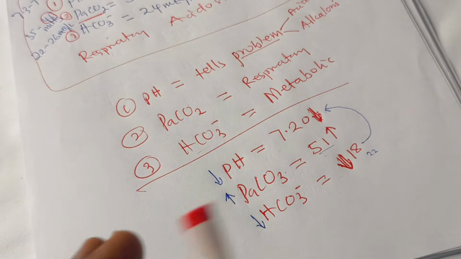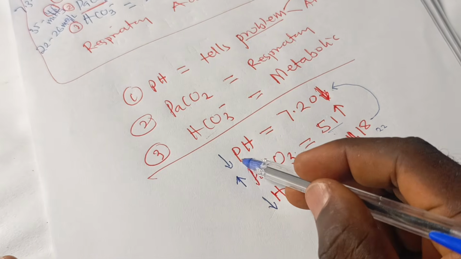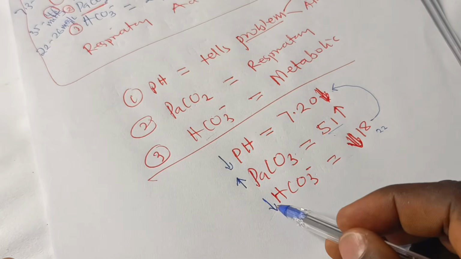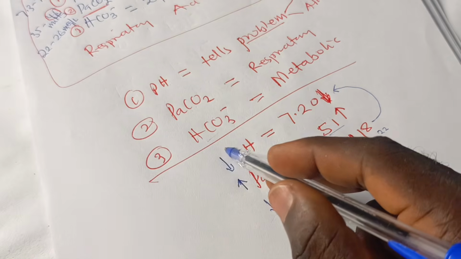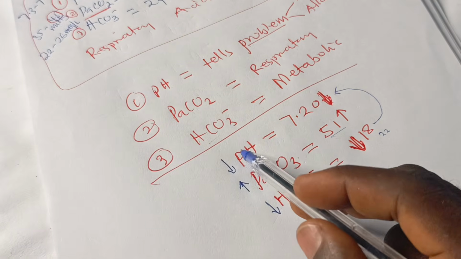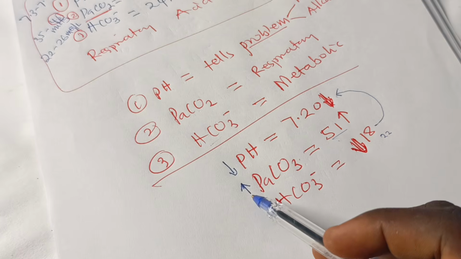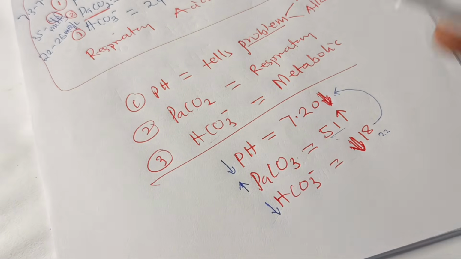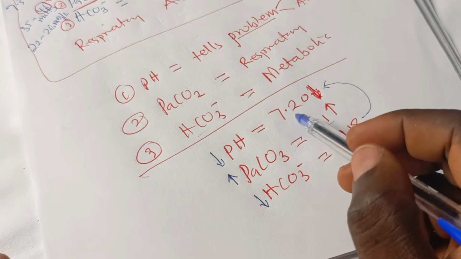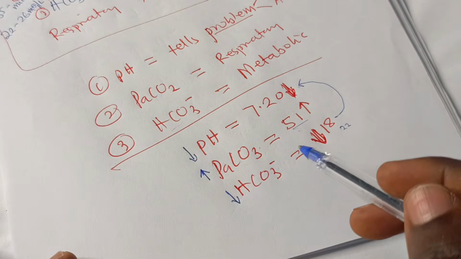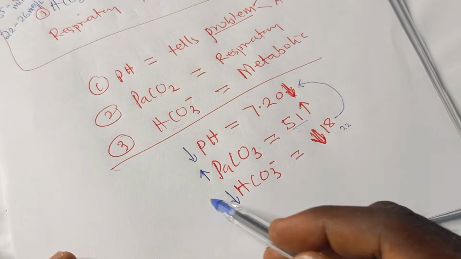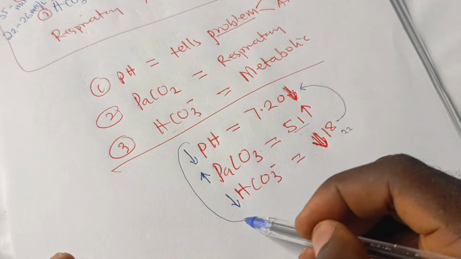So I'm saying that when pH is lower and bicarbonate is lower, then they will agree. But when pH is lower, for carbon dioxide to agree, the carbon dioxide must be higher because it's an acid. So the higher it is, the more it will agree with a lower pH value. Have you taken note of these arrows?